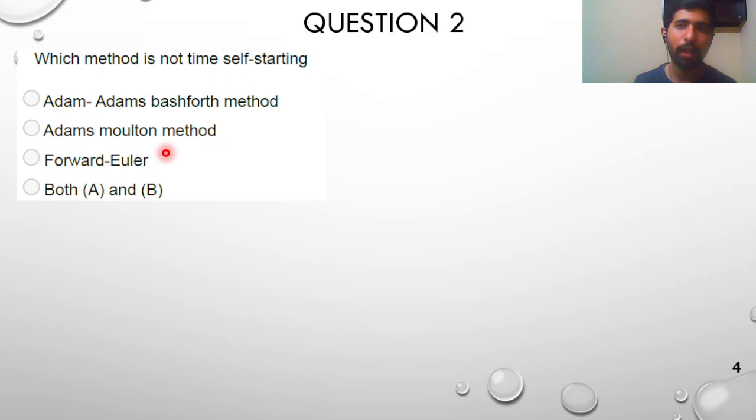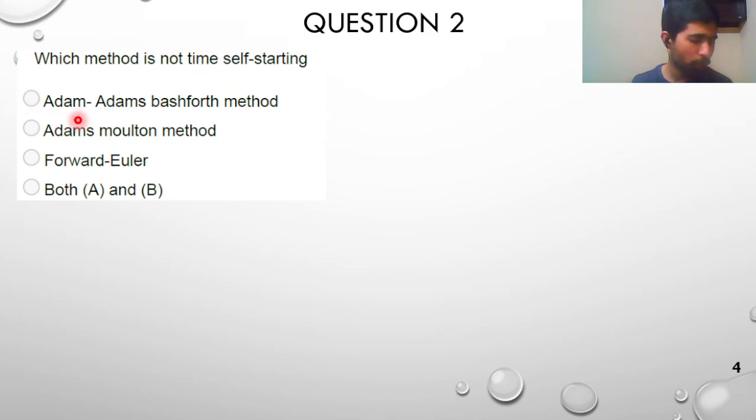Whereas for forward Euler, especially if you are doing explicit, you need a value at only one previous time instant, and you can start from the initial guess. That is why forward Euler is time self-starting. You can start it from the initial conditions.